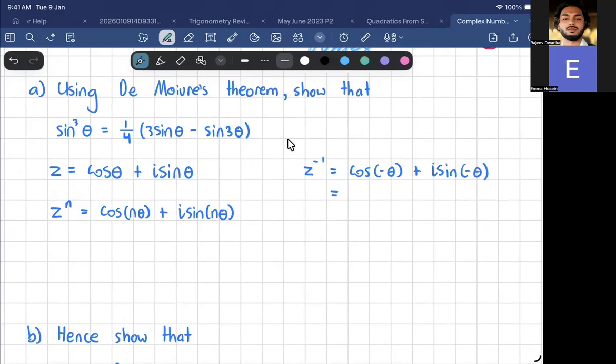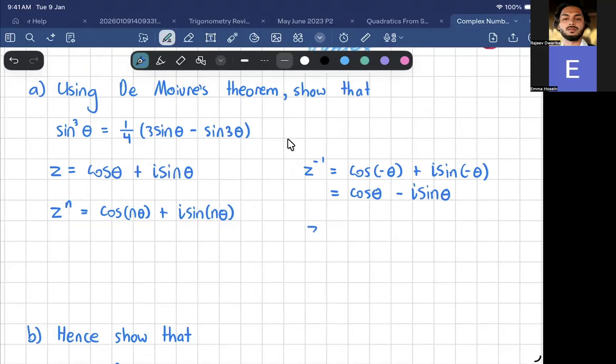Now, cos minus theta is just cos theta, because the cosine graph is a mirror image about the y-axis, so positive and negative values for theta give the same output. And then i sine minus theta is going to be minus i sine theta.